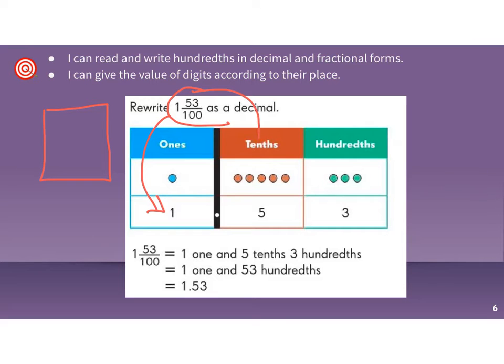So 5/10ths and 3/100ths. After those 5 rows, there would be 3 little cubes. So 1 and 53/100ths as a fraction would be written as 1.53 as a decimal.